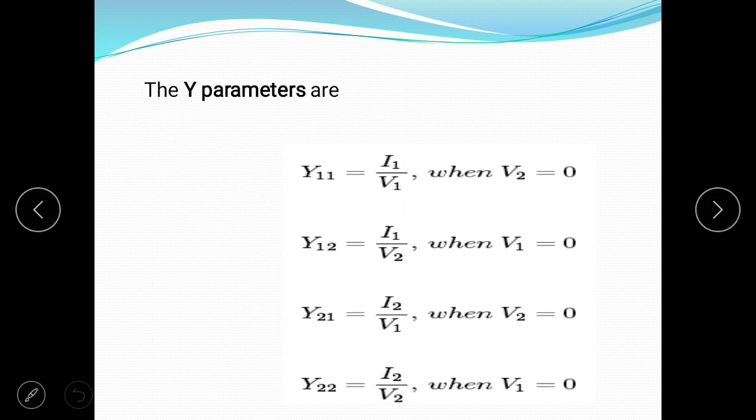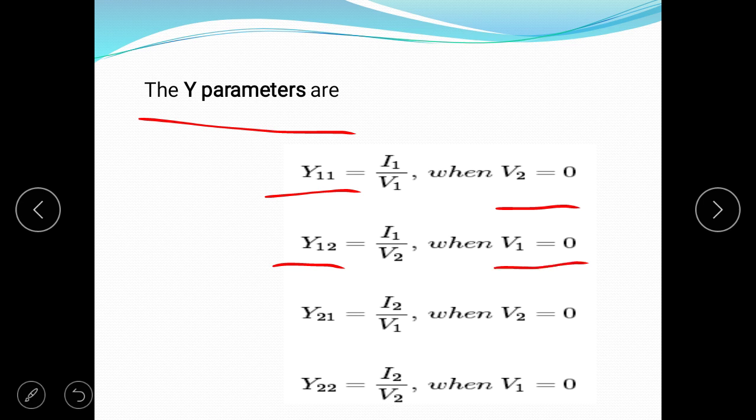The value of the Y parameters is obtained such that Y11 is equal to I1 upon V1 when V2 is equal to 0. Similarly, Y12 is equal to I1 upon V2 when V1 is equal to 0, Y21 is equal to I2 upon V1 when V2 is equal to 0, and Y22 is I2 upon V2 when V1 is equal to 0.